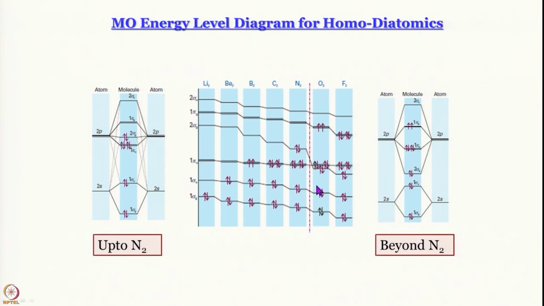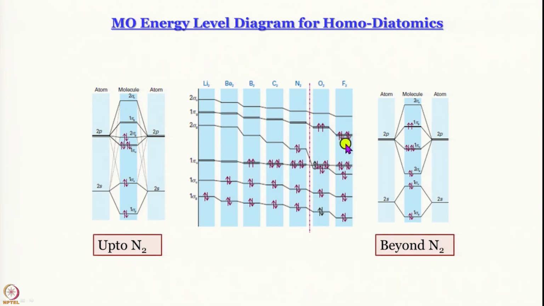If you ask me why, my honest answer will be I do not know. We are not saying that we know why it happens, we are just saying that the sp mixing model works nicely up to dinitrogen, and it is not manifested beyond dinitrogen, that is all.